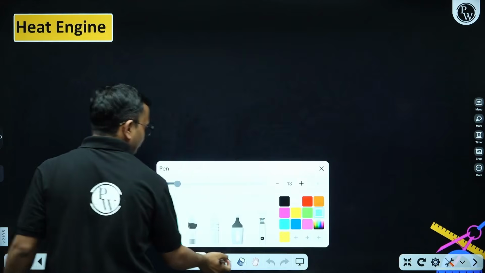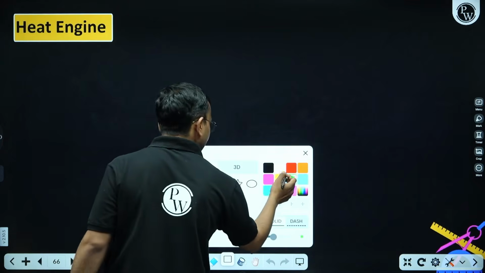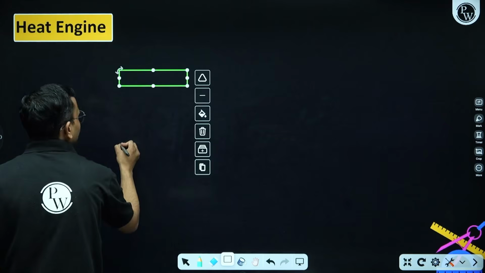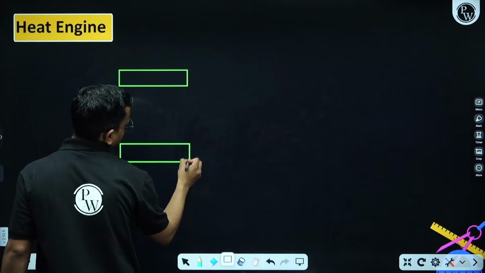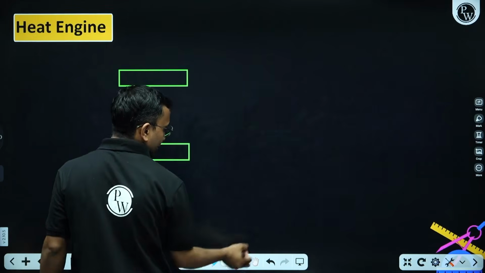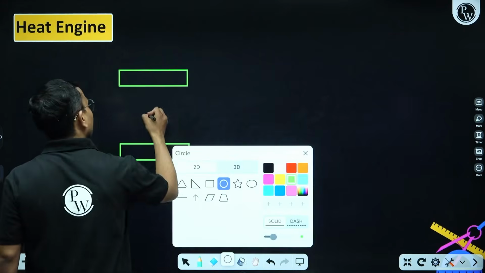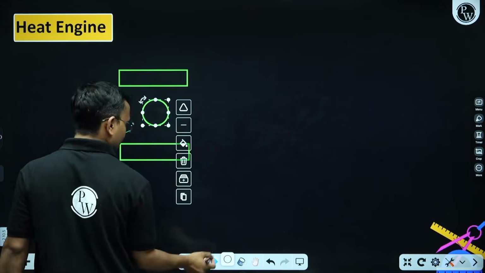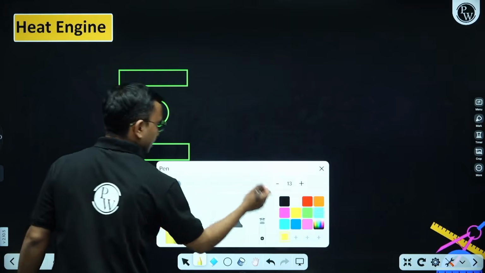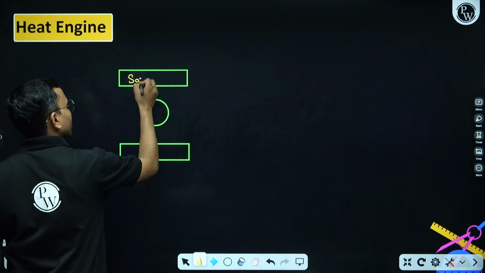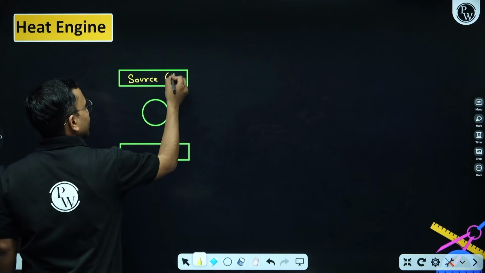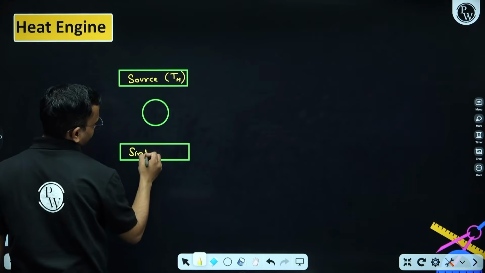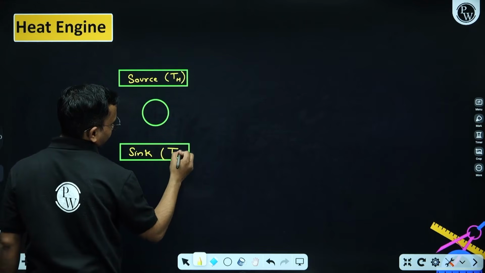So in this we have a source, we have a sink. We have a source at higher temperature, from there the system is taking the energy. We have a sink. So this is my source, this is at higher temperature T high, this is my sink, this is at temperature T low.